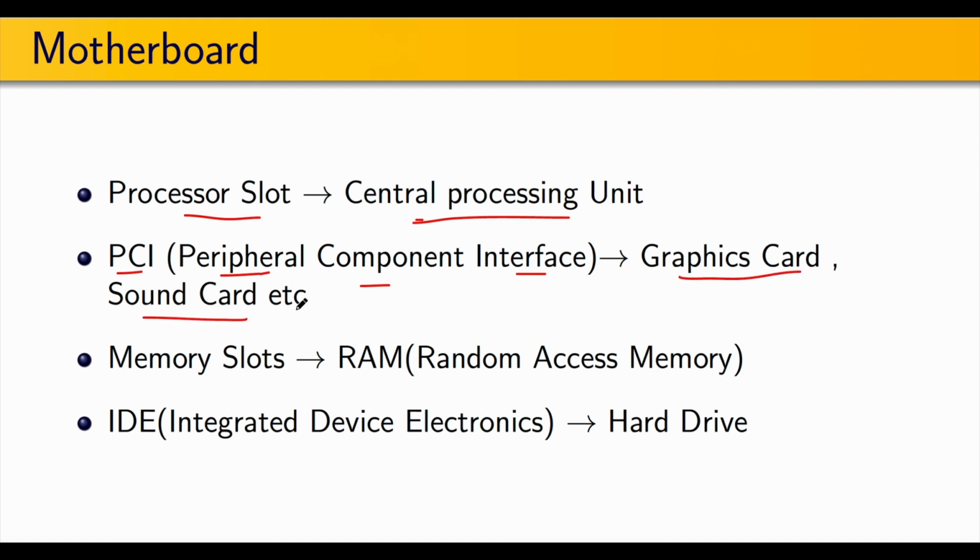A card is a kind of independent circuitry. Then you have memory slots. Memory slots are where a very important card sits, which is called the RAM, known as random access memory. We'll come across it soon. And then we have the IDE slots where the hard drive sits. So what is a hard drive? That also we'll see.